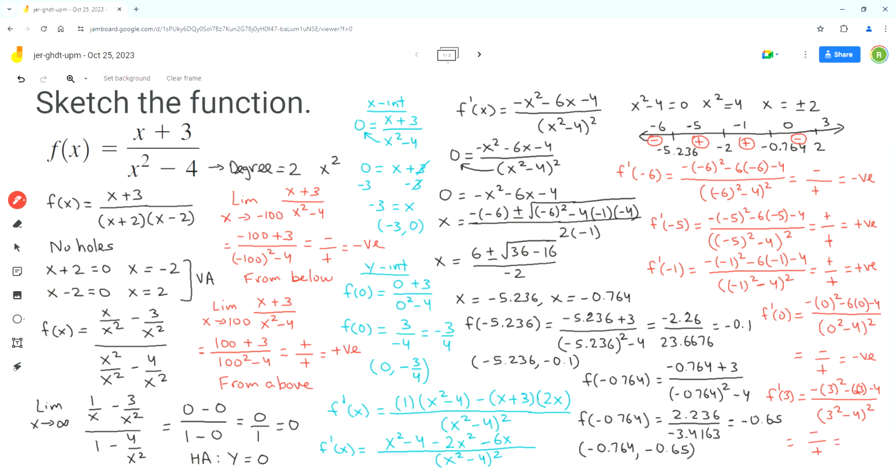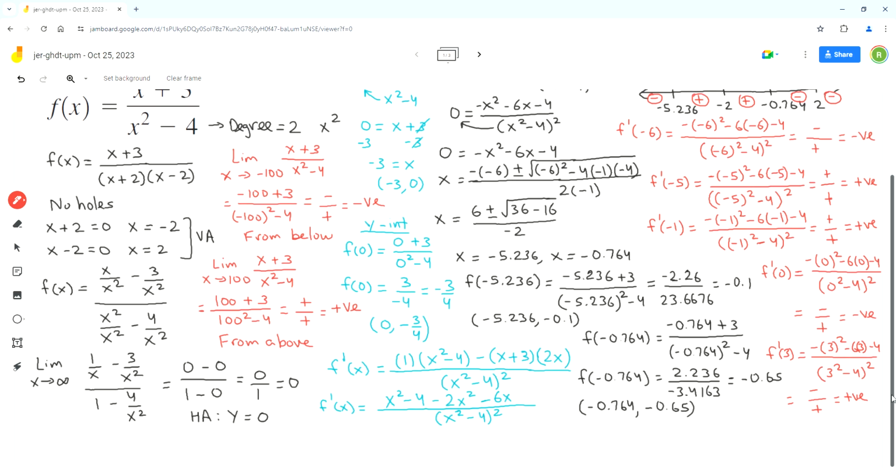So the overall value will be negative. That means the function is decreasing on the right side of 2. So now we can use the results of this analysis to sketch the function.